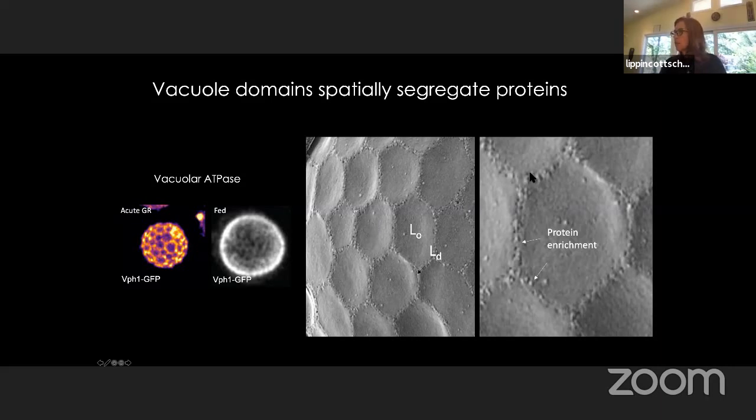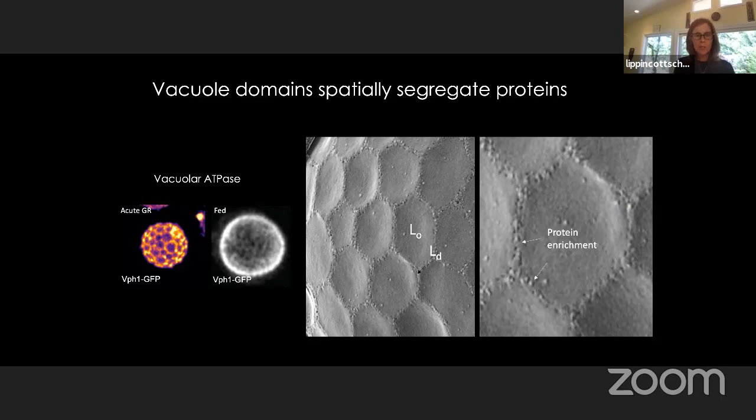You can see these particles by freeze fracture. Those particles are proteins that have large extra cytoplasmic domains. Vacuole ATPase, no doubt, is one of them because we see that vacuole ATPase in the disordered domains. Okay, well, this type of segregation of these proteins might play a role in activating these proteins.